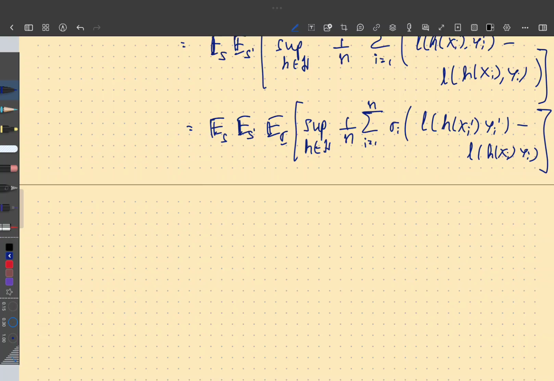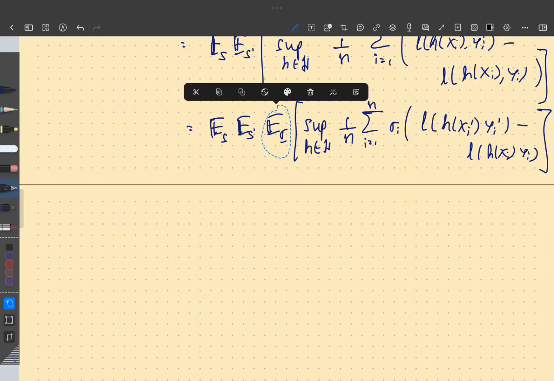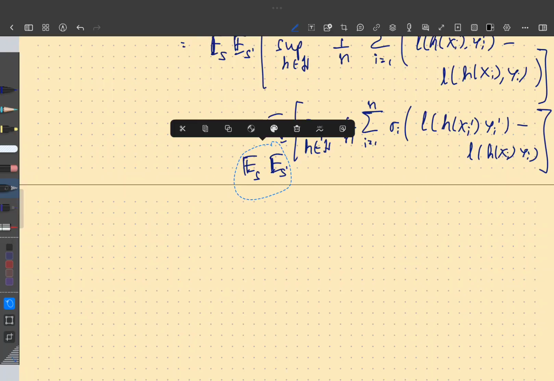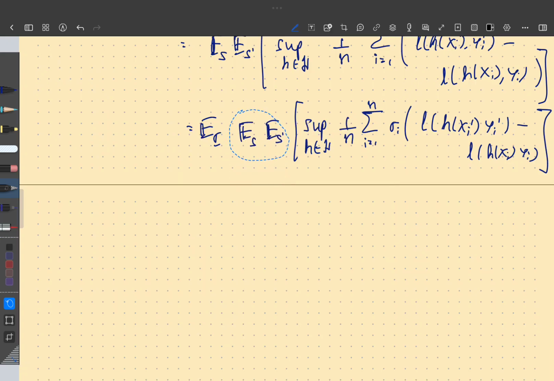So why is this particular statement true? It's more helpful to think about it with the order of expectations reversed. This is equal to the expectation with respect to sigma, expectation with respect to S and S prime of this particular quantity.